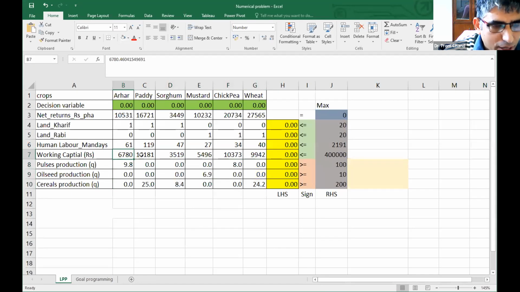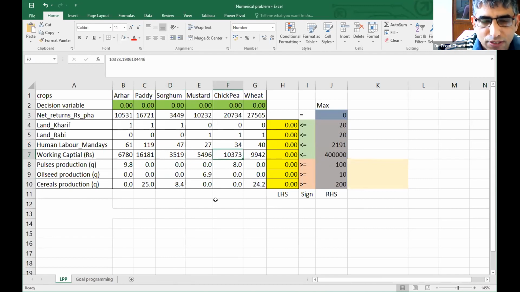Another was the capital requirement. It's given in the table below. The working capital requirement for Arhar is 6,780. For paddy, it is 16,181. For sorghum, it is 3,519. For mustard, it is 5,496.